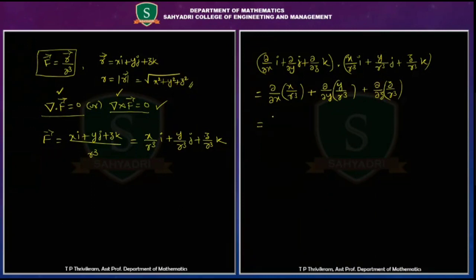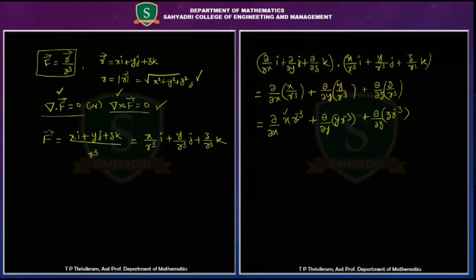For my convenience I am writing this as dou by dou x of x into r power minus 3, dou by dou y of y into r power minus 3, similarly dou by dou z of z into r power minus 3. But what is r here? r is a scalar function which consists of x, y, z. Similarly, x is also a function of x.